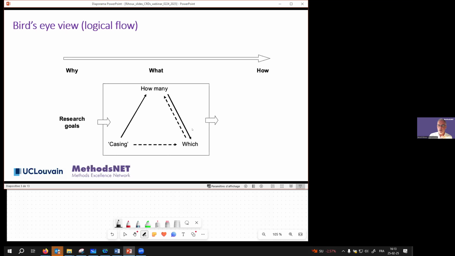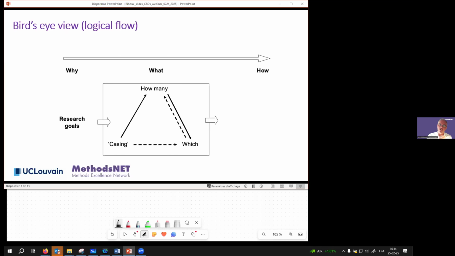How many, and which ones? There's not so much of a logical sequence between the three, but certainly there must be some thinking about casing first. What are my cases? Then you can think about which ones and how many. But I don't see this as being so sequential.